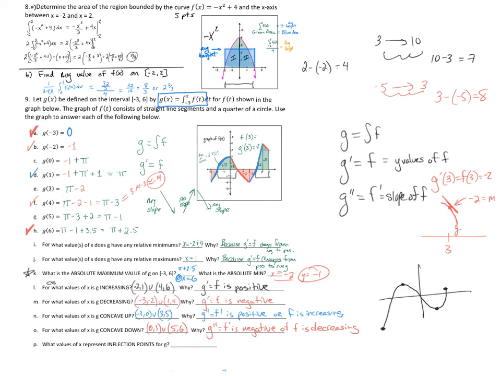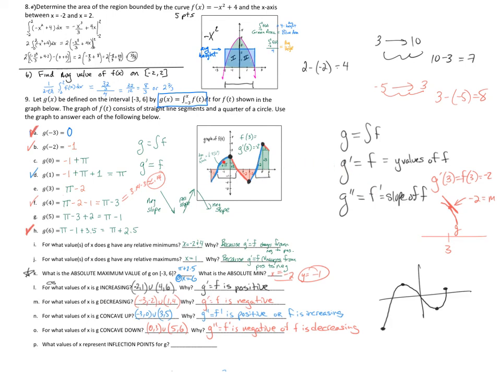And then lastly, inflection points. The easy answer to this is inflection points occur at the extrema, the maxes and mins, of the first derivative. So our maxes and mins are here, here, and there. But notice, those are places where g double prime, which is f prime, changes sign.